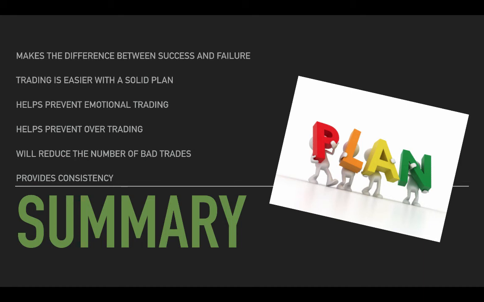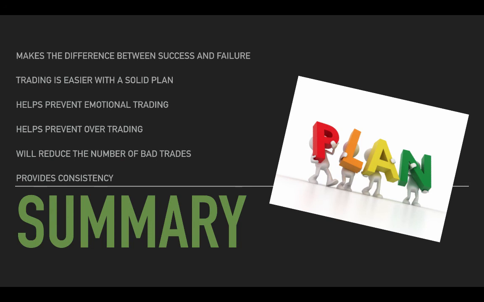There's less to worry about, and that helps prevent emotional trading. When you've got a good plan, you're not getting overly emotional around what might happen. You're working with what has happened and what's happening, and making decisions around that. So it helps prevent that emotional trading, which leads to overtrading, and that will in turn help you reduce the number of bad trades.